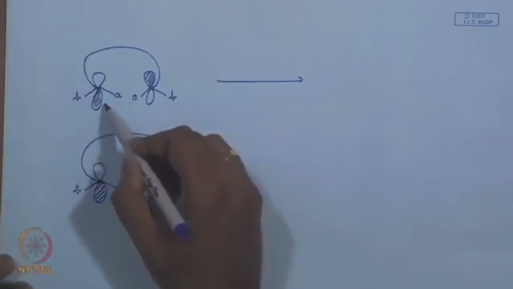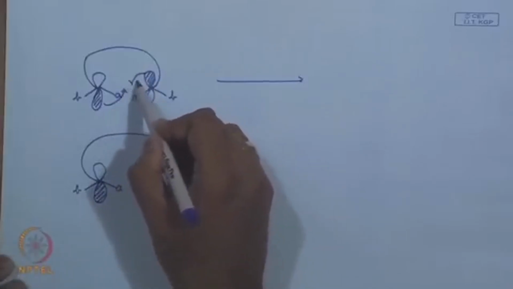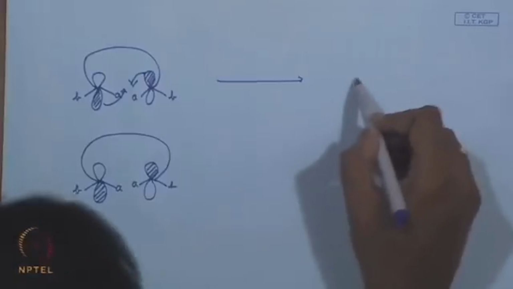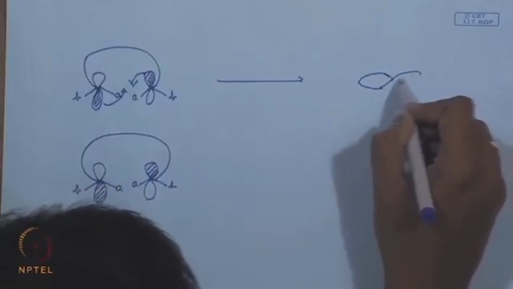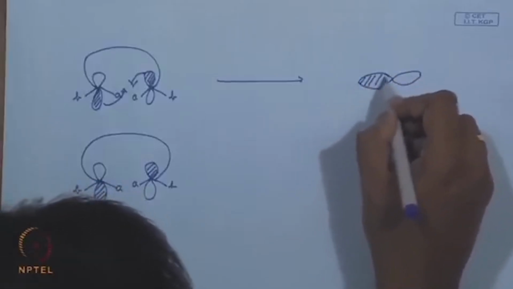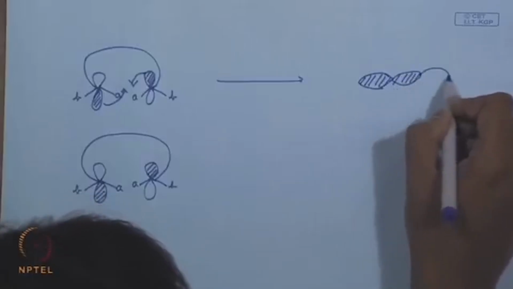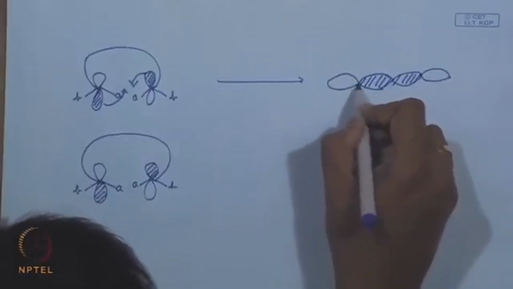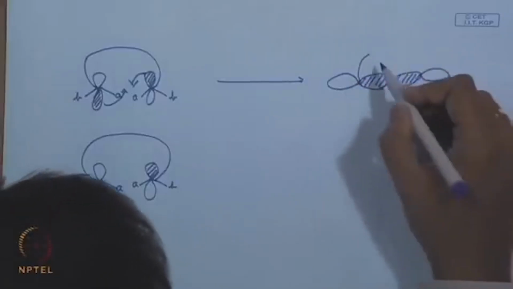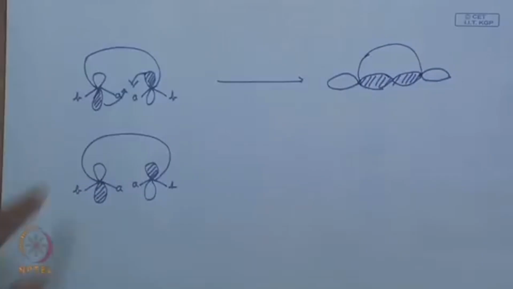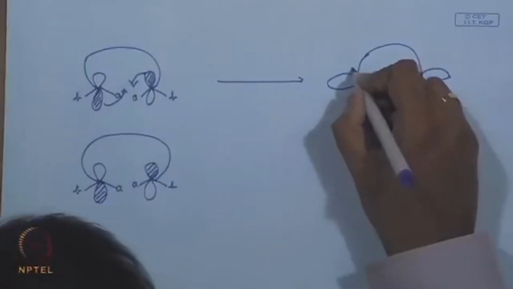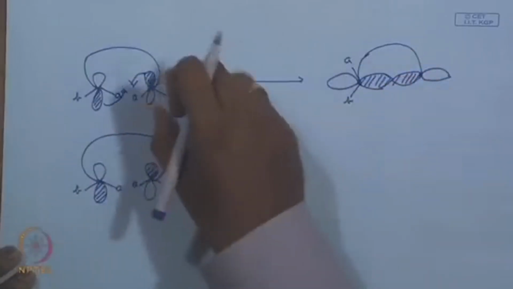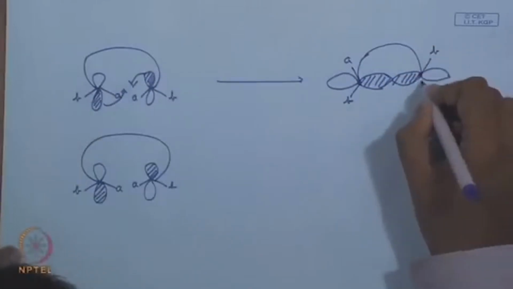In this case, to create a bonding, I have to move this and I have to move this, and then I will get the bonding interaction. Now think about your substituent, that is the more important part. So, now you are flipping this up. My A will go up and my B will be down, and in this direction again my B will be in the thing and my A.